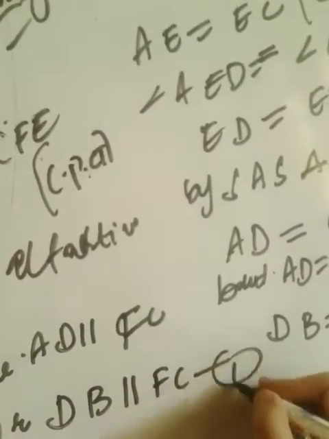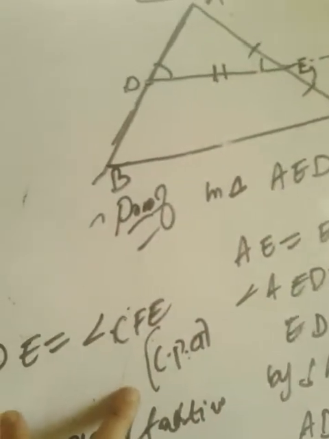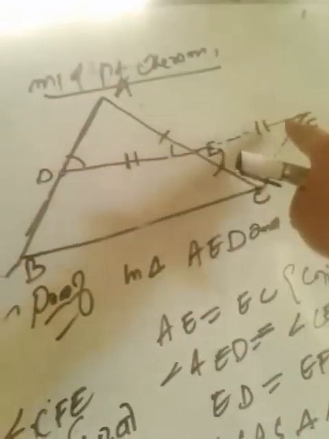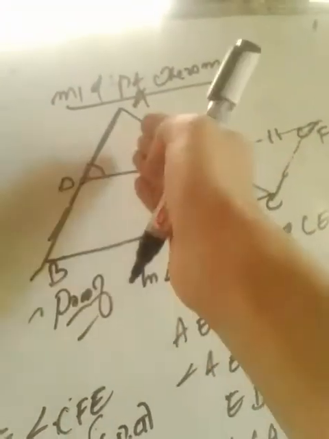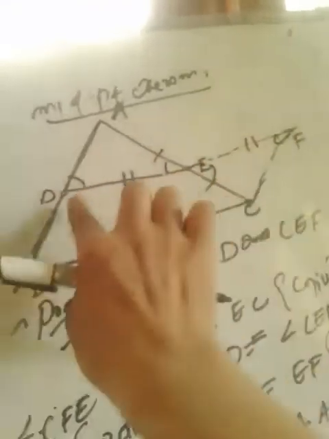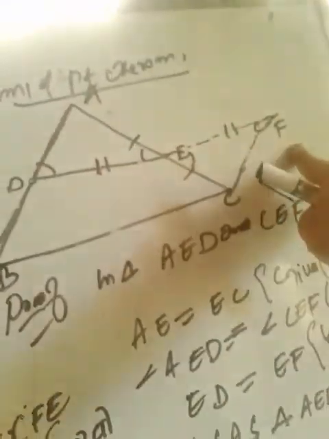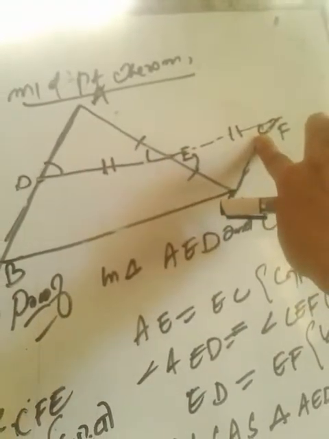Name this the second. These alternate interior angles are equal because the triangles are congruent.